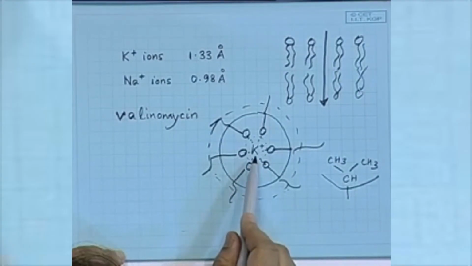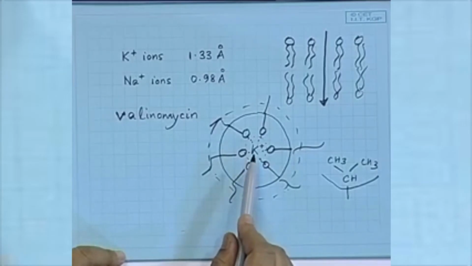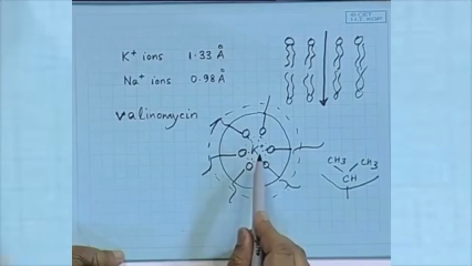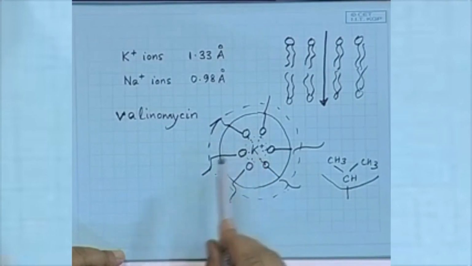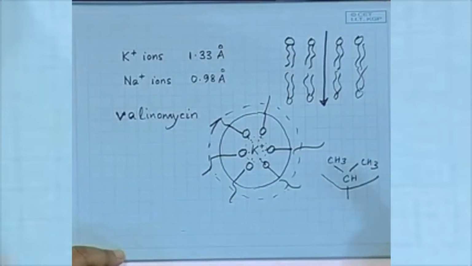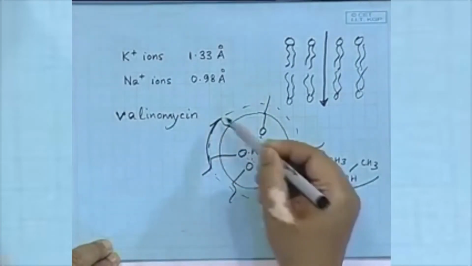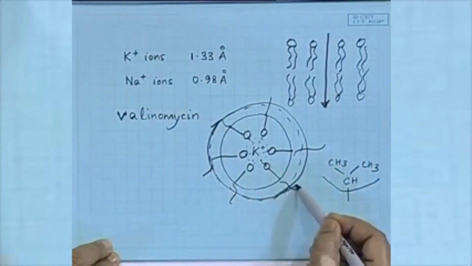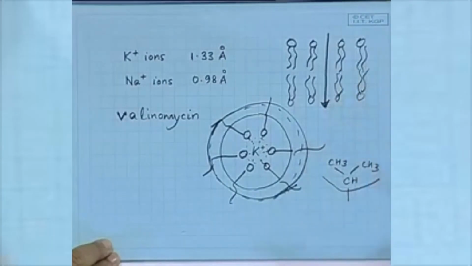Now, this is useful because the concentration of K plus in the cell has to be high. So, the fact that valinomycin actually binds K plus with a much higher affinity than sodium is useful for the transfer of the potassium ion to the cell. And the reason for having these specific hydrophobic type amino acids on the surface is so that it can just pass through the lipid bilayer.